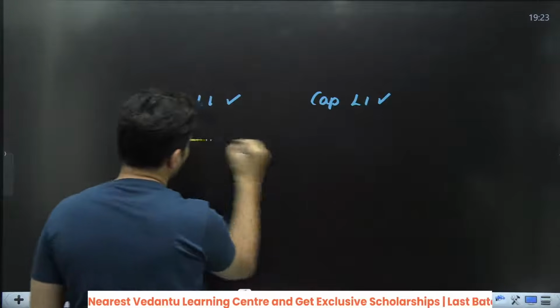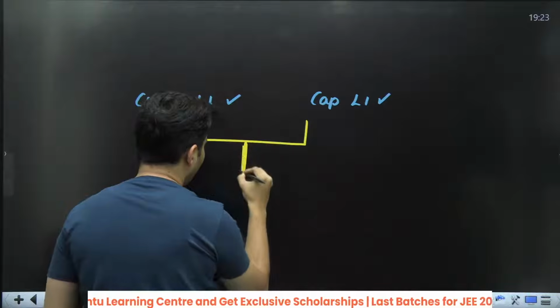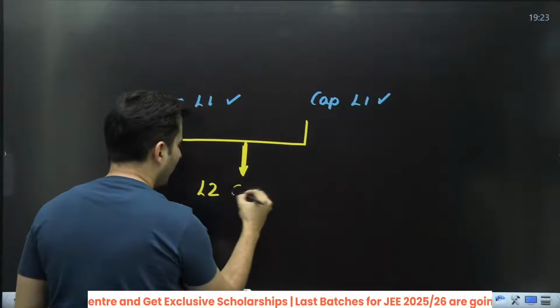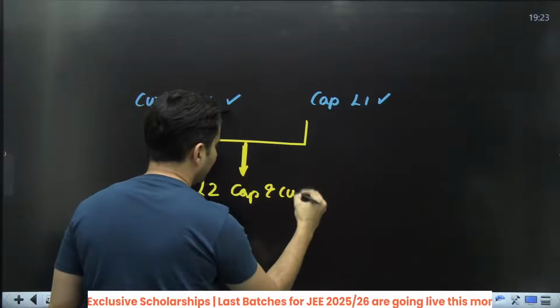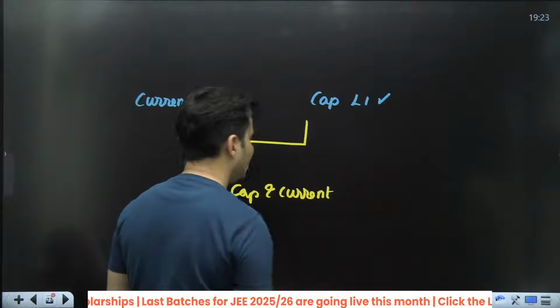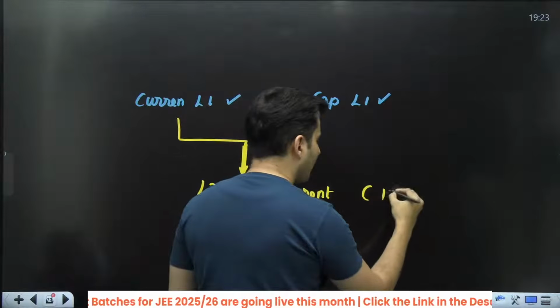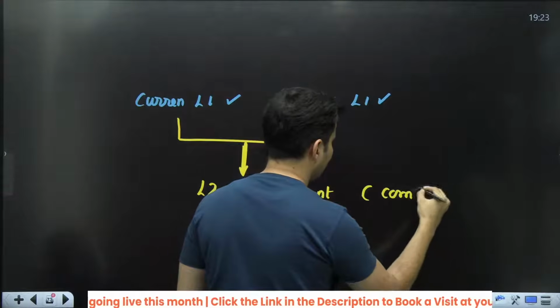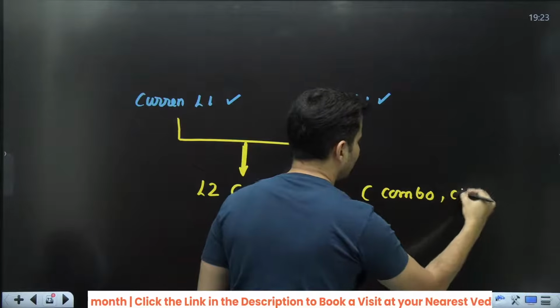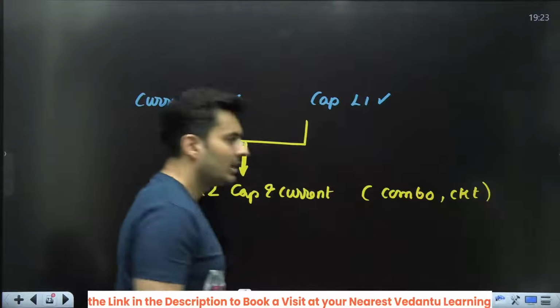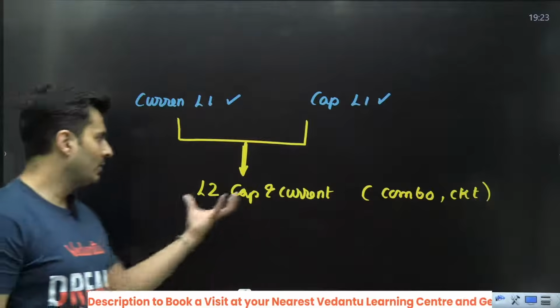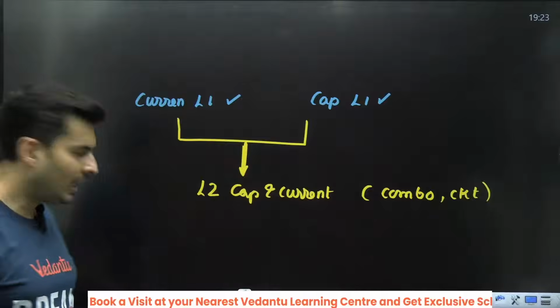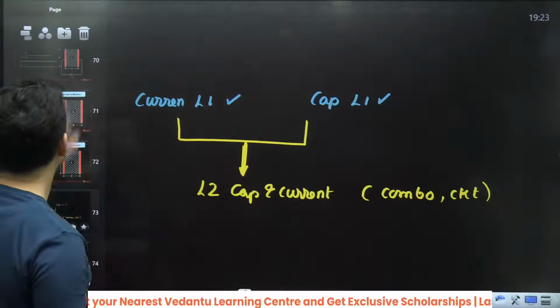After this, both these things combined, you will have lecture 2 of capacitors and current, where we'll be doing parallel, series, combination, all this combination of capacitors and circuit, combo problems and circuit problems, Kirchhoff's law, current law, all those things. We'll be doing it in lecture number 2.